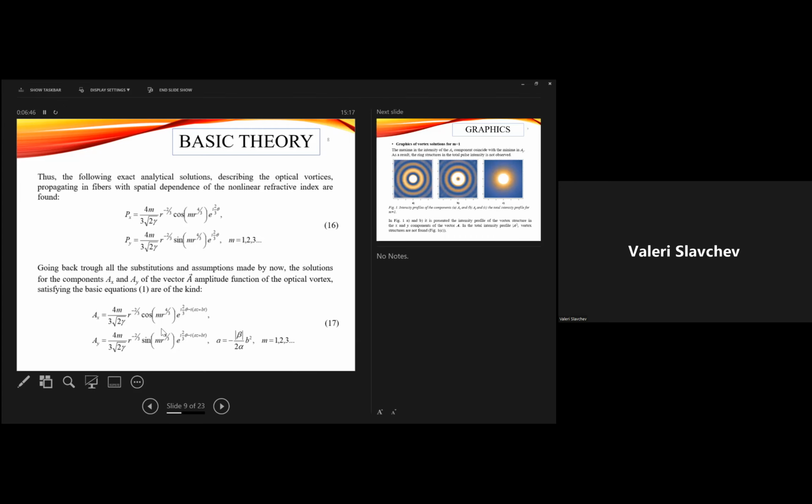We obtain the results of the basic equation 1 in 17, where m is, in our case, the vortex parameter, which has the values 1, 2, 3, and so on.